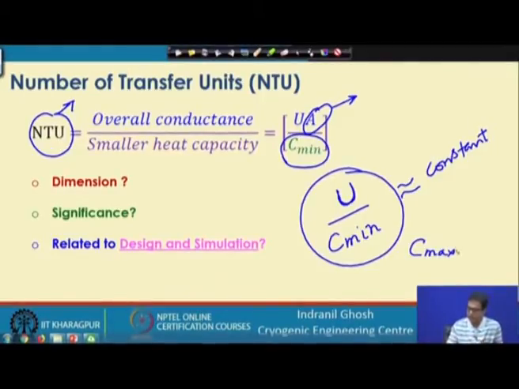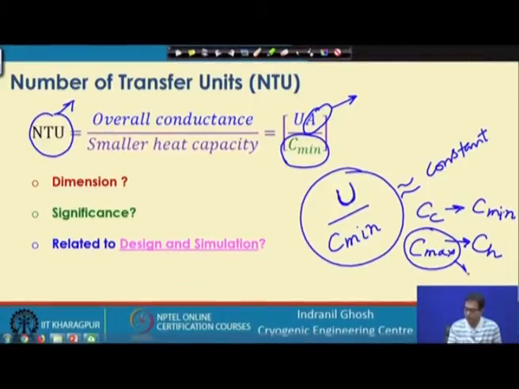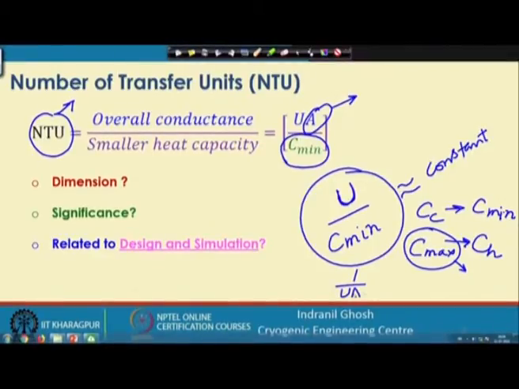Because if the cold fluid is the minimum capacity fluid, and C H is the hot fluid capacity, the maximum capacity fluid, in that case this C C will be in the denominator, but the other one, C max, is also controlling the overall heat transfer coefficient, because that 1 by U A is related to 1 by H H A H plus 1 by H C A C.